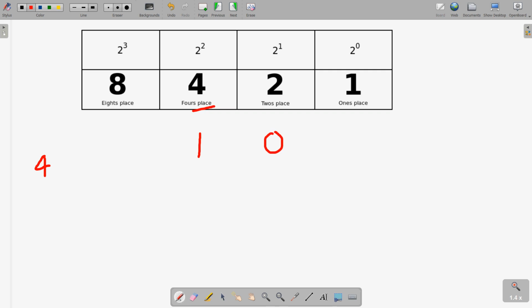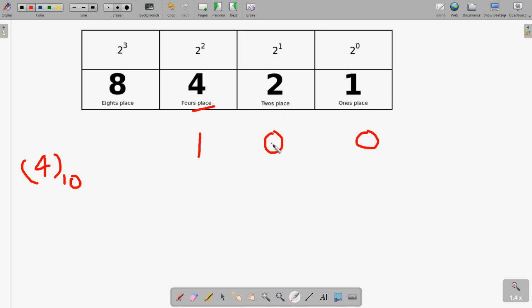Clear? So we have written this decimal 4 in binary in the form 100. How 100? This 0 is multiplied with 2 to the power 0, that is 1. Then 1 into 0 will be 0.